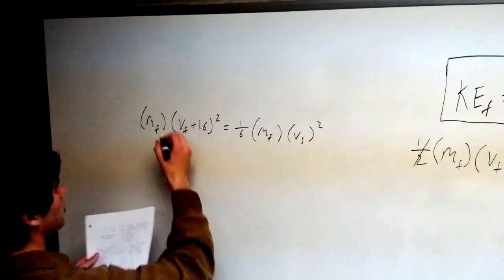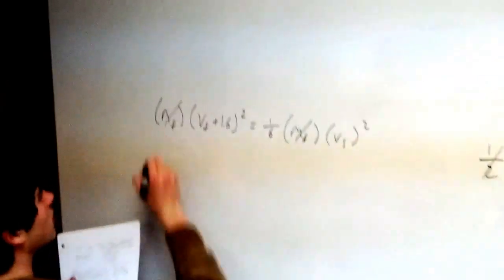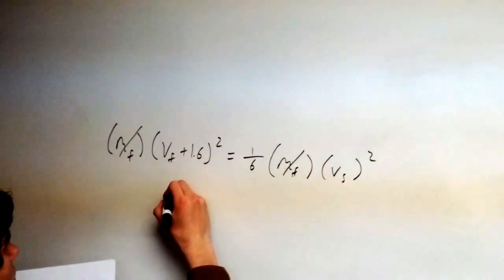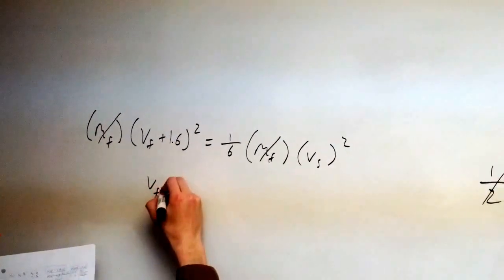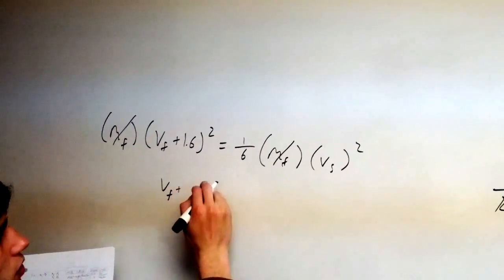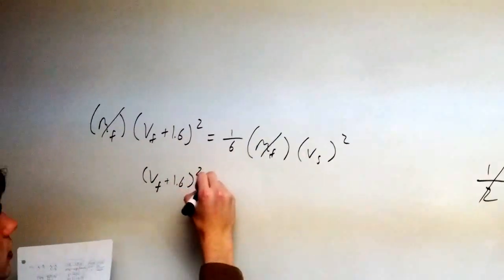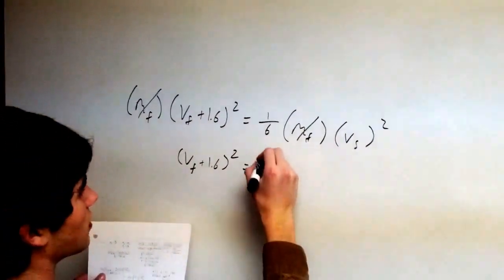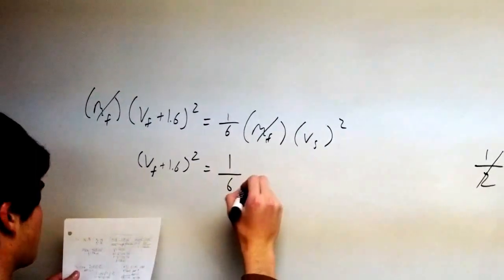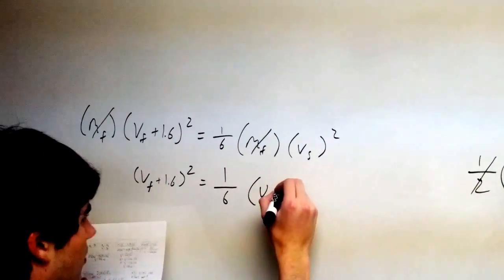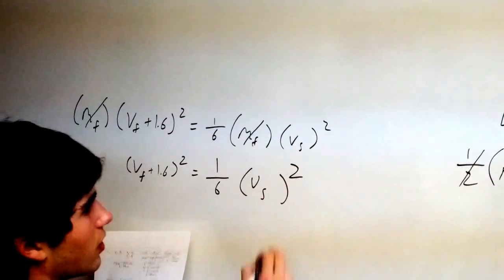So these masses cancel. So we're left with velocity of the father plus 1.6 squared equals 1/6 the velocity of the son squared.